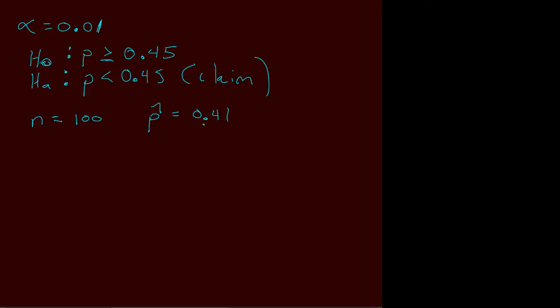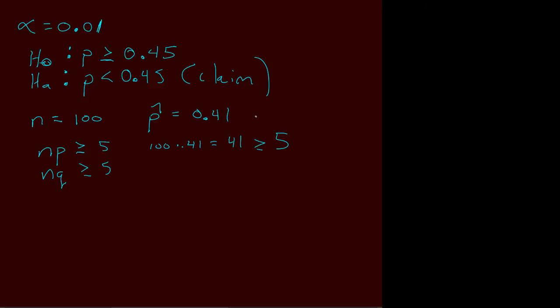So we did 100 adults. All right, so for this to work, N times P has to be greater than or equal to 5. Yep, this is an equality. So N times P is 100 times 0.41, which is equal to 41, which is definitely greater than or equal to 5. And N times Q has to be greater than or equal to 5.